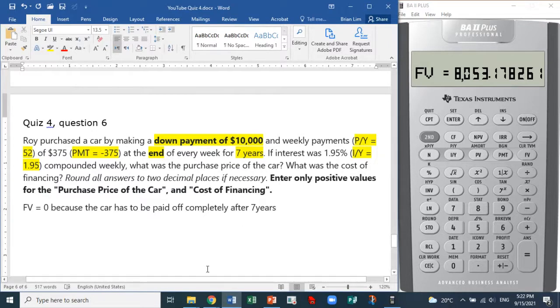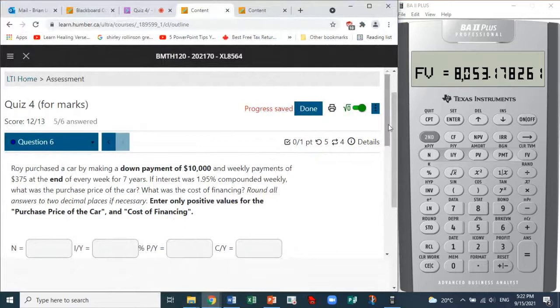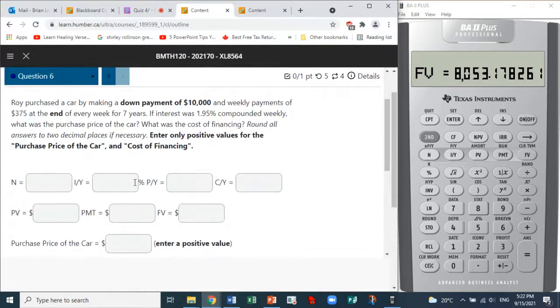All right, so it might be better if we start to fill in some numbers in here. Let's skip the N. We know the IY value is 1.95. We know that PY is making weekly payments, so that is 52. The compounding is weekly right here, and we have weekly payments.